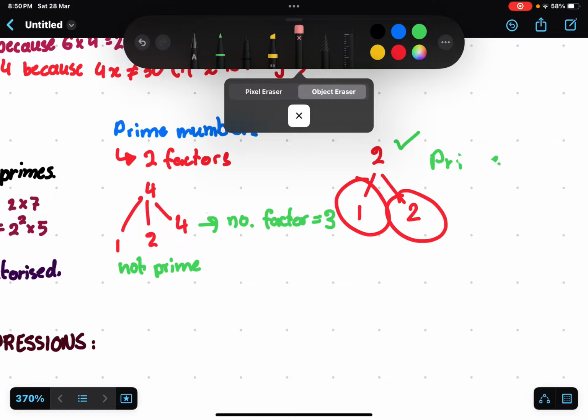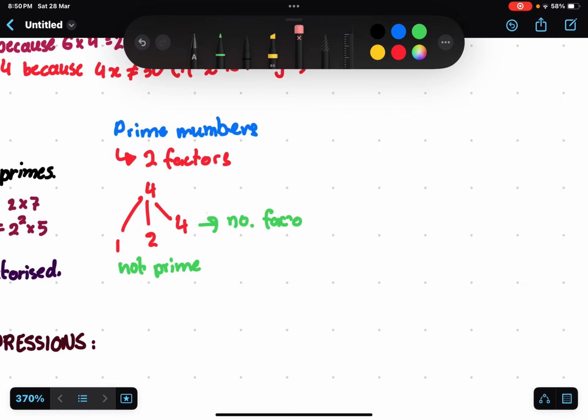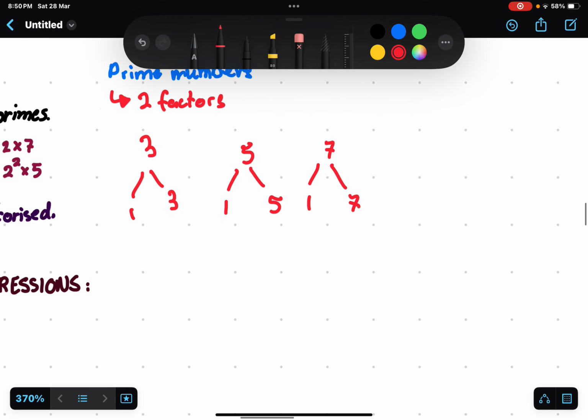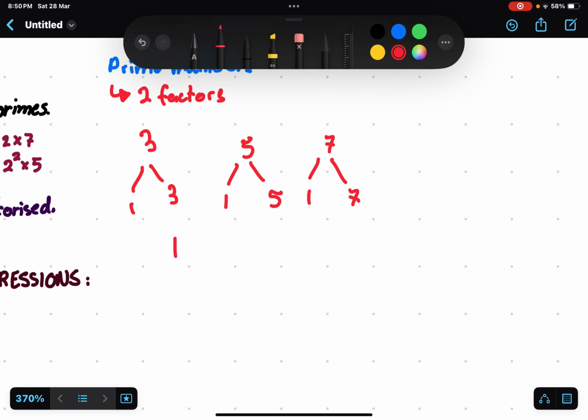Some other examples of prime numbers would be 3, which is divisible by 3 and 1 only. Let's take 5, and 1 only. Then we've got 7, and 1 only. However, something to really remember is 1 is not a prime number.